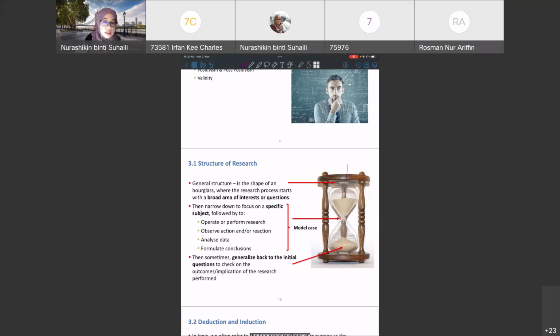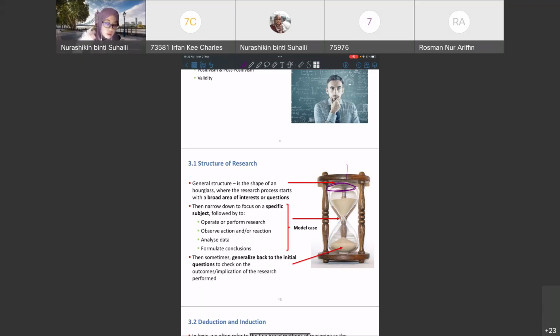So you go to a very broad perspective, okay? So here, you nak cakap, the use of, for example, this new strain of yeast has not been tested for bioethanol production. Okay, that is very broad actually.